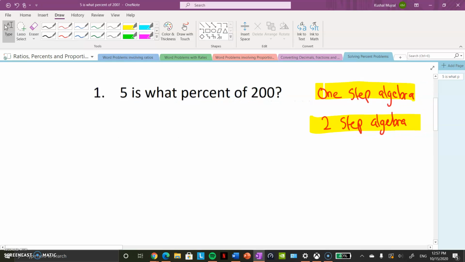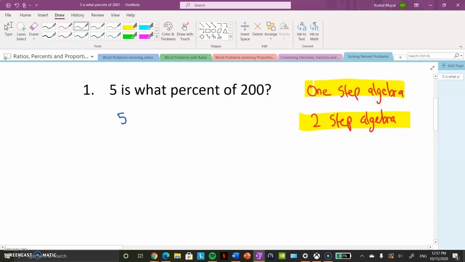Okay, let's begin. So 5 is what percent of 200? Something that you need to know is "of" means multiply. So another way to write this is 5 equals, and I don't want to use a question mark.